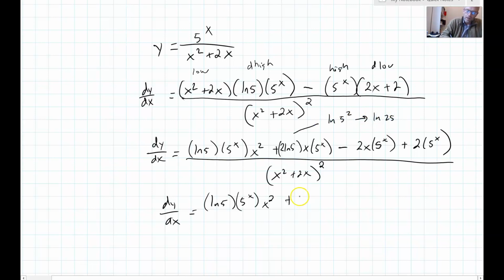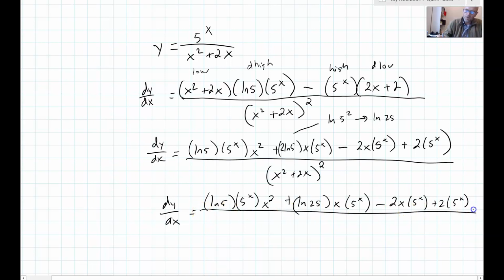So I could rewrite that as the natural log of 25 times x times 5 to the x minus 2x times 5 to the x plus 2 times 5 to the x. Of course, that whole thing is over x squared plus 2x squared. Right?